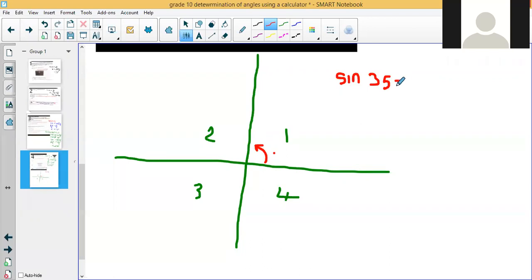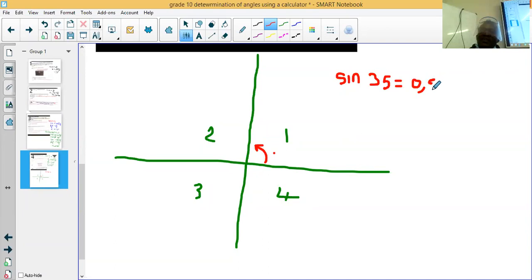What do you get? 0.5735. Yes, and so on and so forth. Here the intention, is it positive or negative? Positive. Now let us go on to cosine 35 and see what we get.